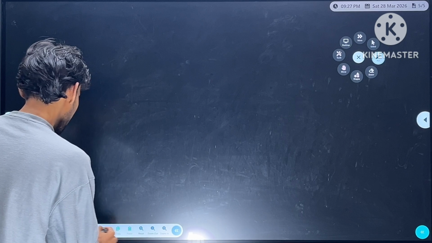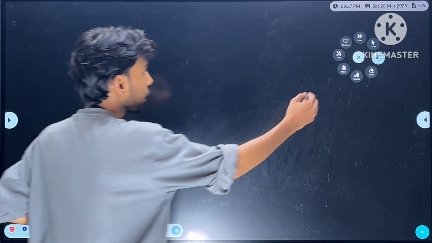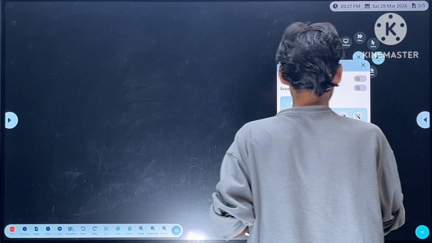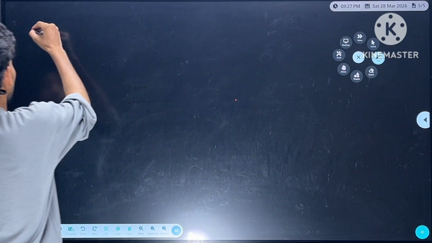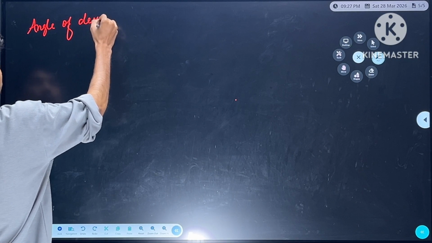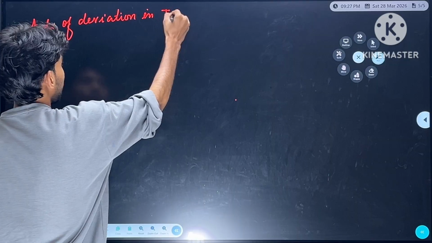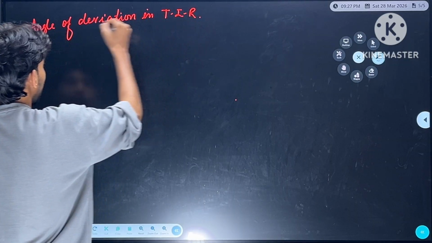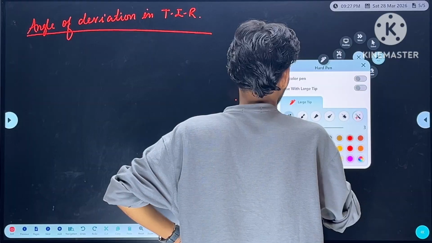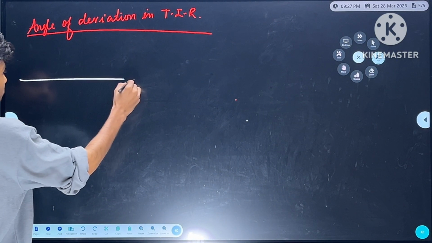Now let's talk, in this TIR, about the angle of deviation. What is happening to the angle of deviation? For that also I will again take three cases.